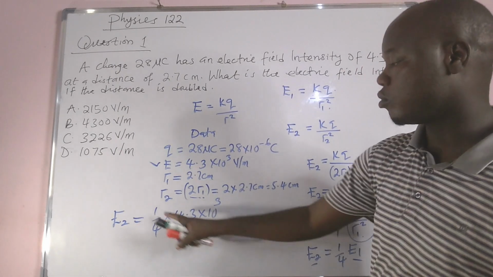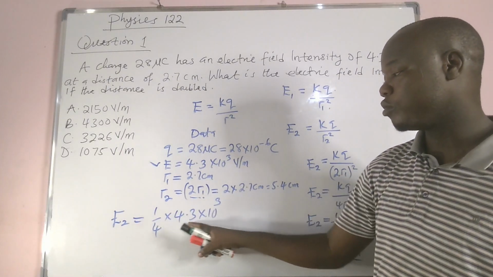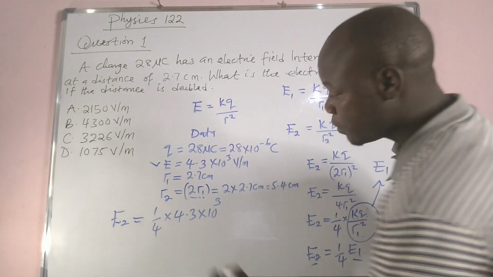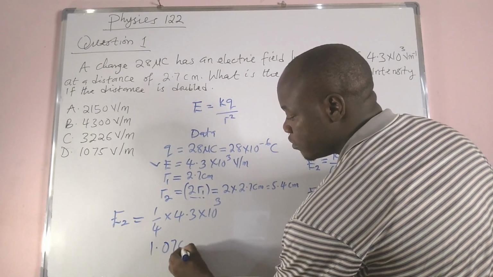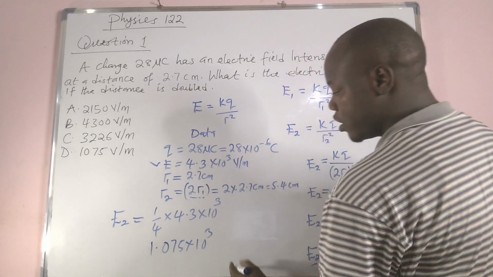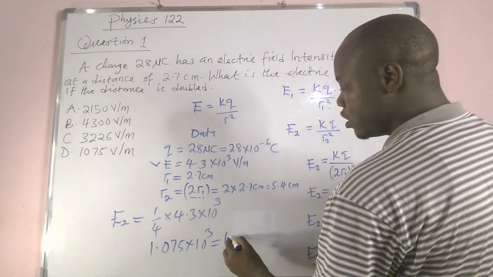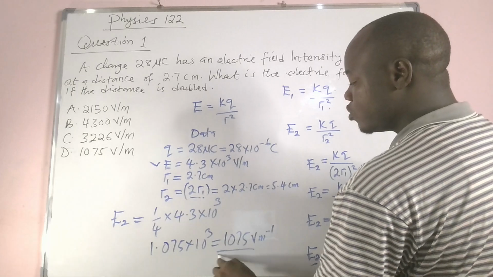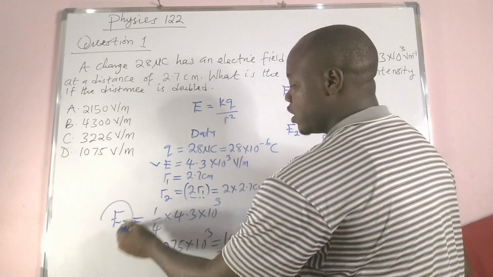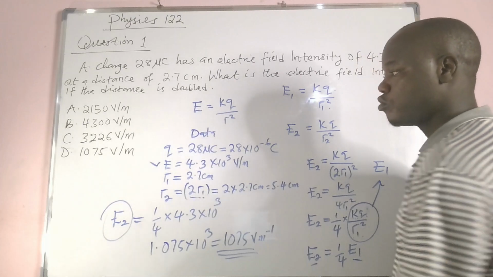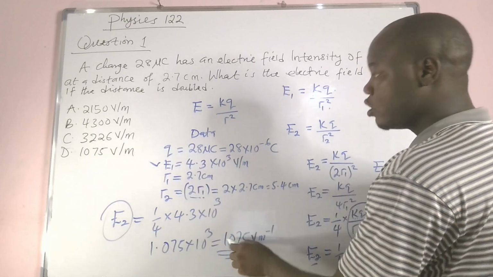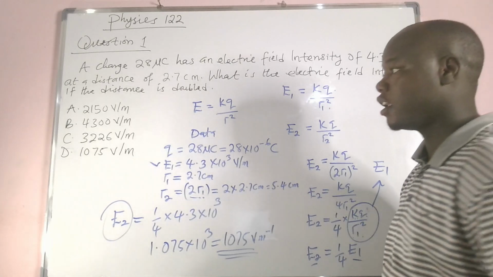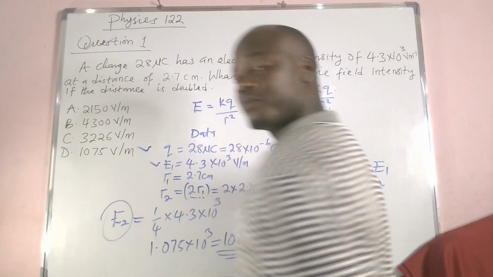If we take our calculator, 1 divided by 4 times 4.3 times 10 raised to the power of 3, it gives us 1.075 times 10 raised to the power of 3, which is the same thing as 1075 volt per meter. So this is the answer, our electric field intensity 2, and this is of course E1. So we can see clearly the answer here is option D.